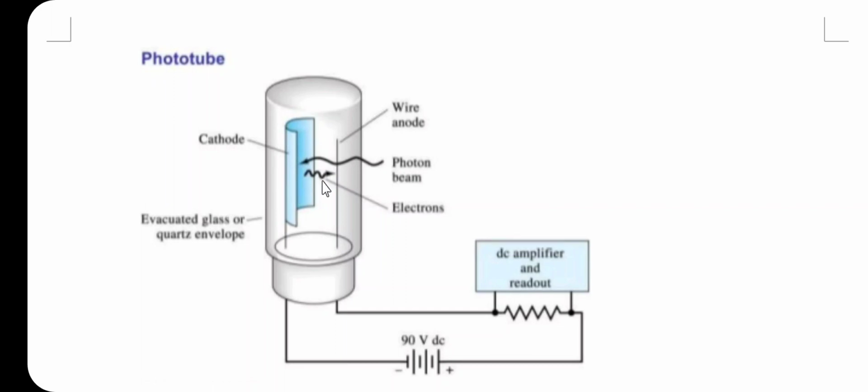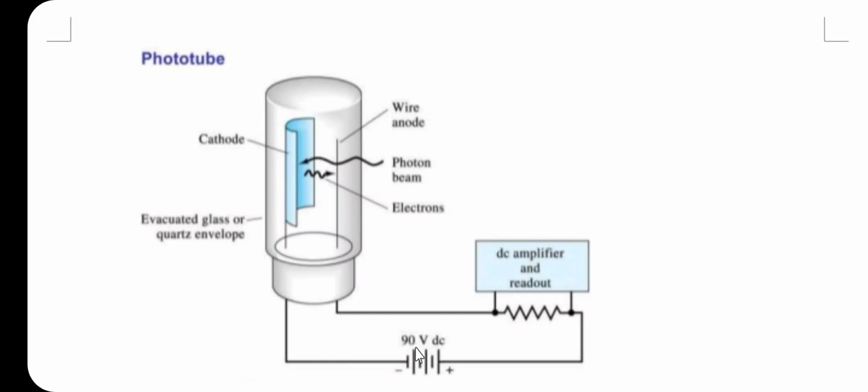Then here a metal ring, or a metal wire or a metal rod is inserted in the tube, and it acts as the anode. So, here the half cylindrical metal is the cathode, and the metal wire or the metal rod or the metal ring is the anode. So, these are the two electrodes in the phototube, that is the cathode and the anode. A high voltage of 90 volts is impressed between the anode and cathode.